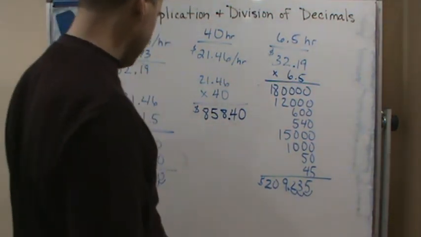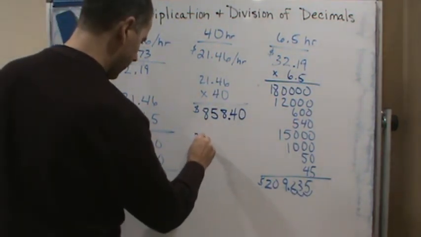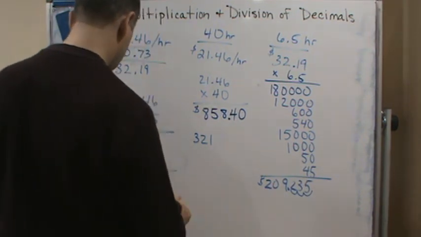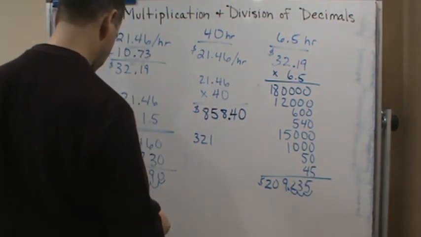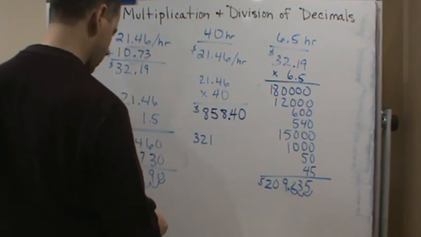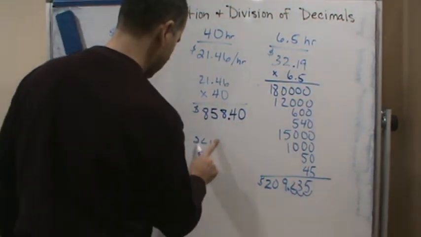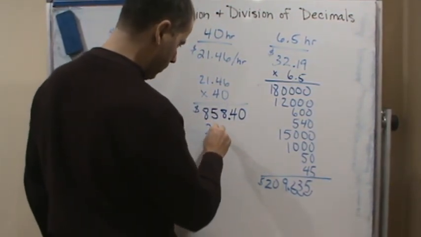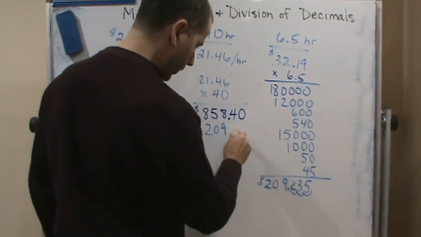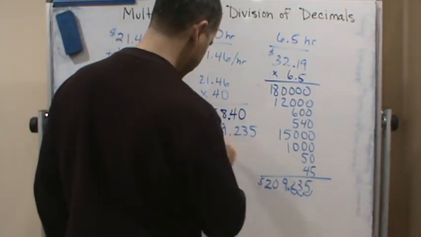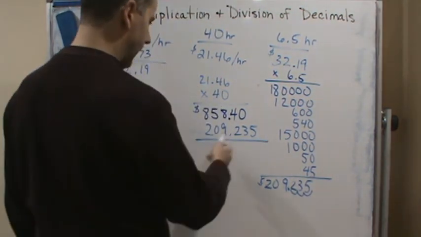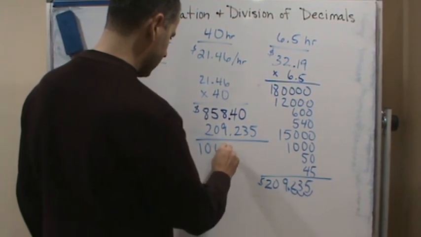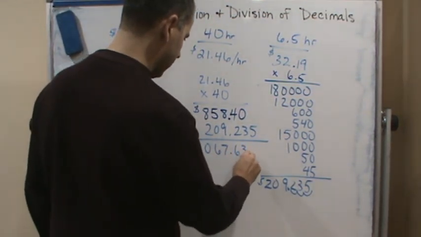Okay, now what am I going to do? I'm going to add these to get the total, right? So this is going to be added to this. 1,067.635.